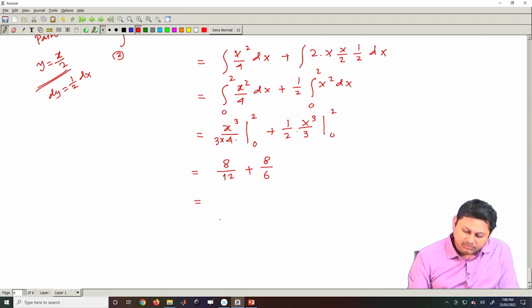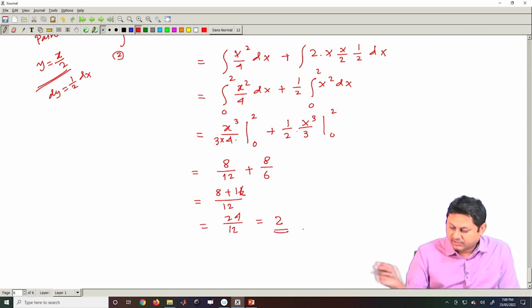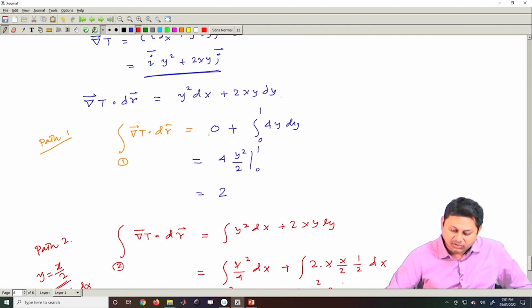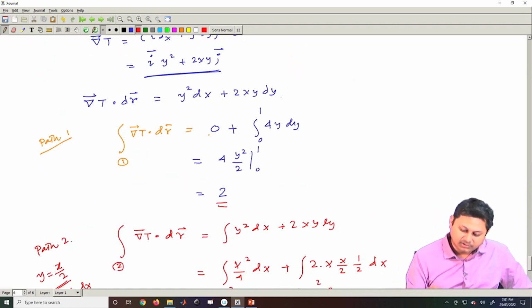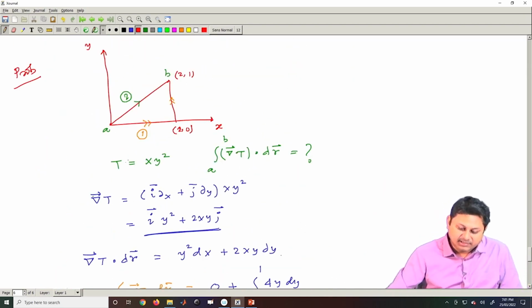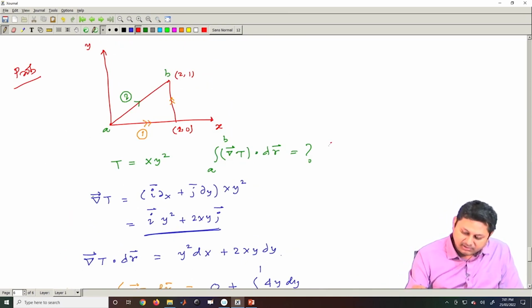So it should be 8 plus 16 over 12, so it should be 24 divided by 12 and I am going to get the value 2. The interesting thing is that this value is 2, and here also I am getting 2. That means what I am saying here is that this quantity is a path independent integral. This is a path independent integral.